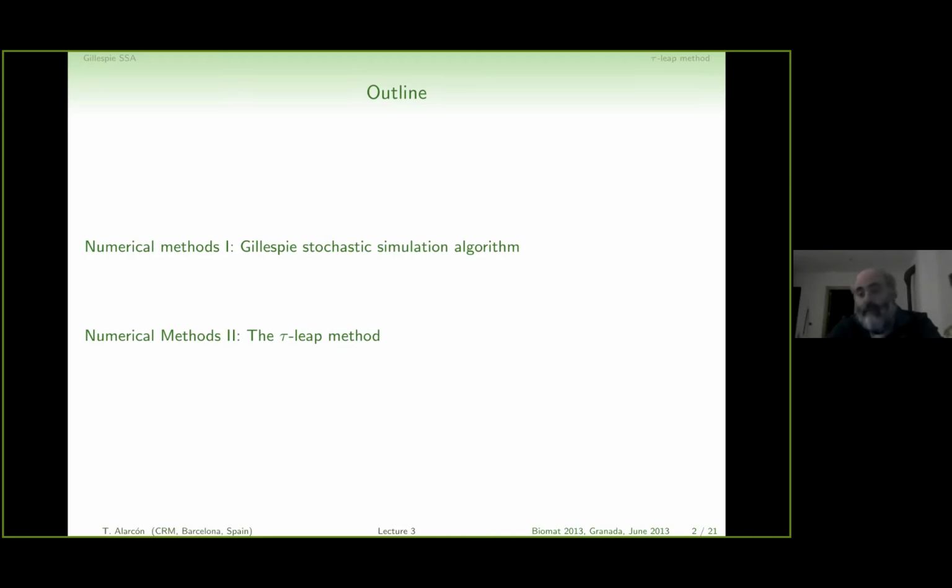In fact, they are very rarely available. So most of the times, one has to resort to numerical methods. And this is what I'm going to tell you about.